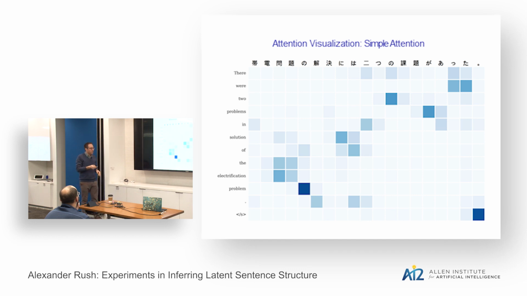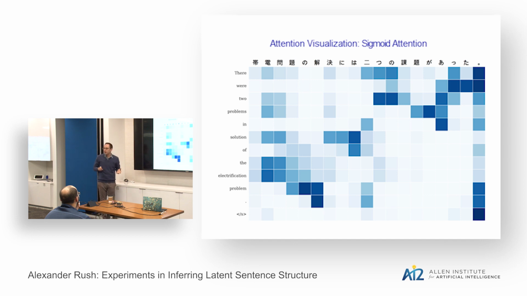Conversely, when you use sigmoid attention, the Bernoulli interpretation, you see the opposite problem, where you see degeneracies where it really spreads things out all along the process itself. It's unable to focus in on things because too many values are on independently.